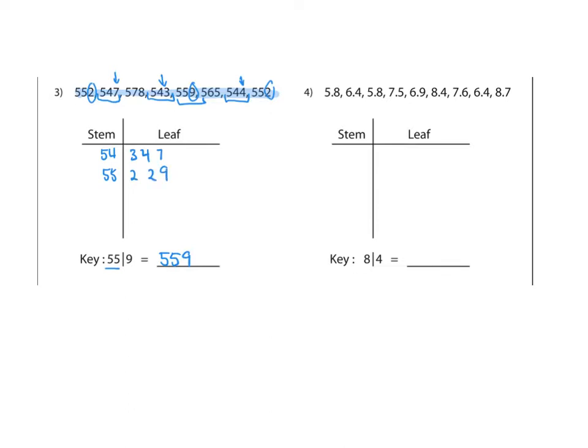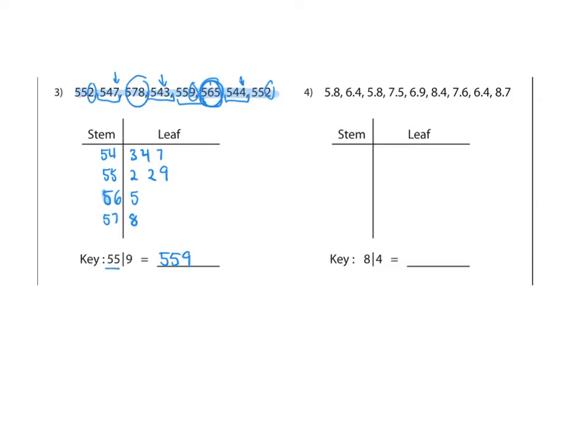Okay, so then my next stem will be 56, and I've got one there, so just one leaf. Next one's 57, and I have just one number there, which is 8.